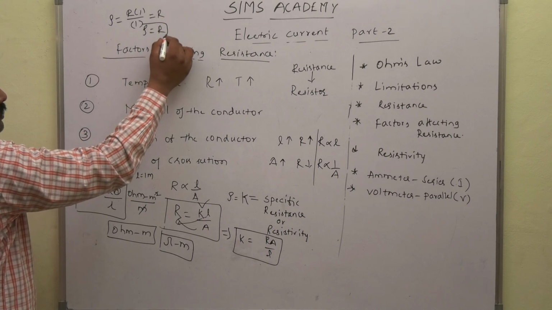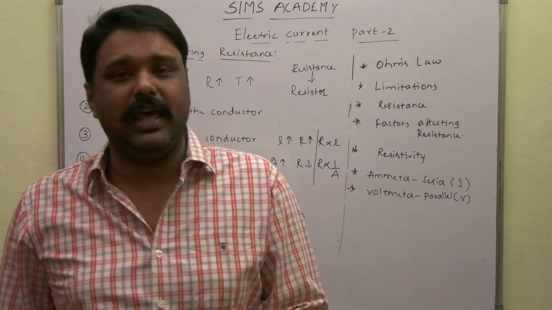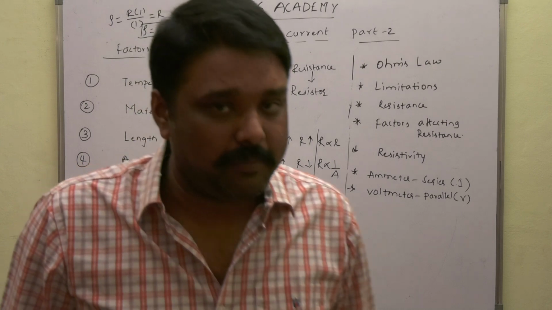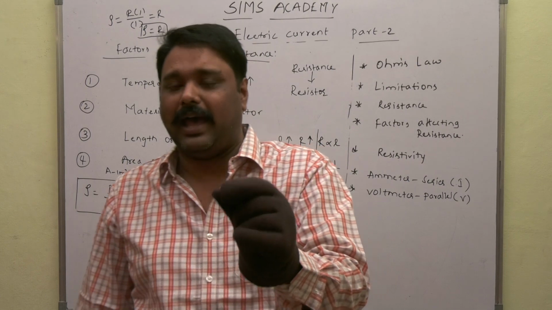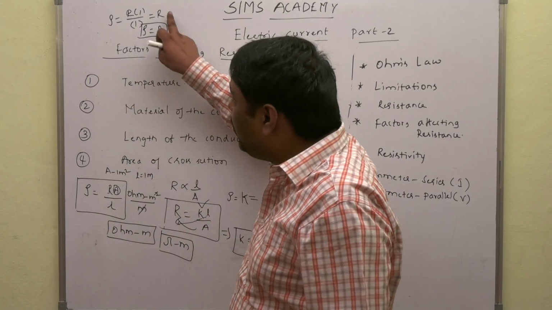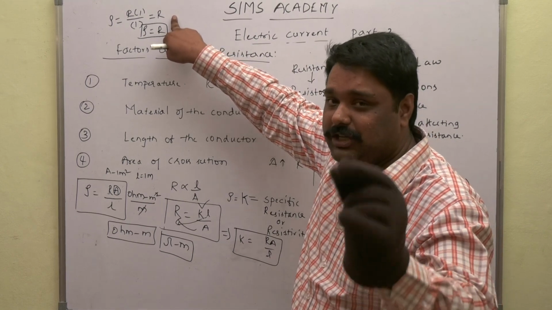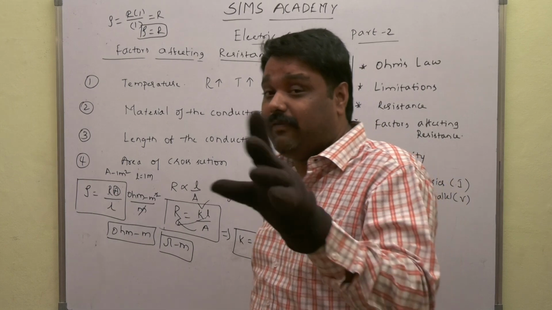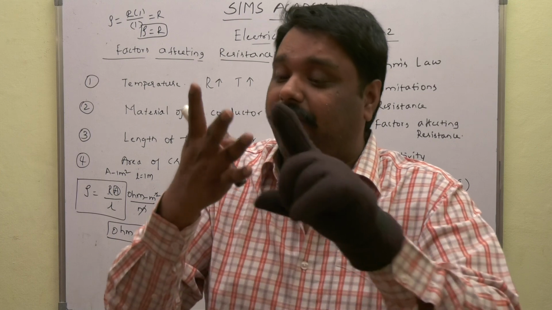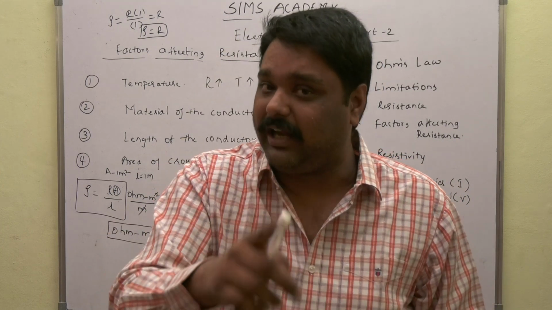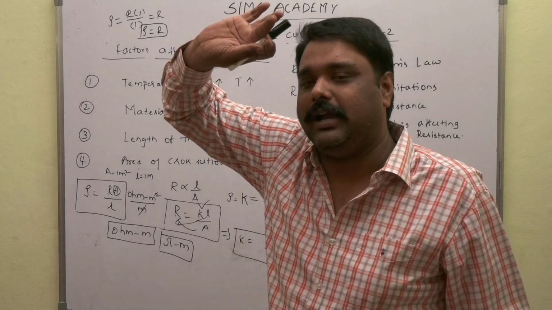I get rho equals R. When do I get rho equals R? If the area of cross section is 1 meter square and length is 1 meter. I repeat, if length is 1 unit and area of cross section is 1 unit, then specific resistance becomes the resistance of the given conductor.